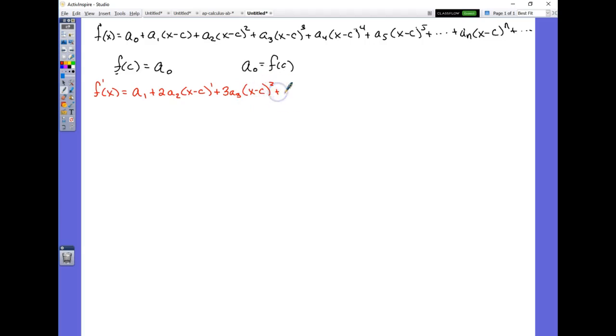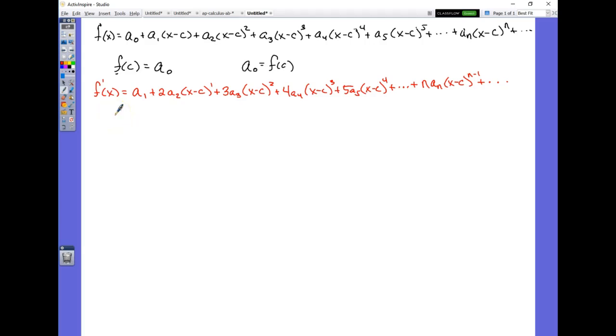Derivative of the next term? 4a4, x minus c to the third, 5a5, start getting into a pattern eventually, to the fourth, plus, okay, now we got a general term. What's the general term going to be? n a sub n of x minus c to the what? There it is. Nice.